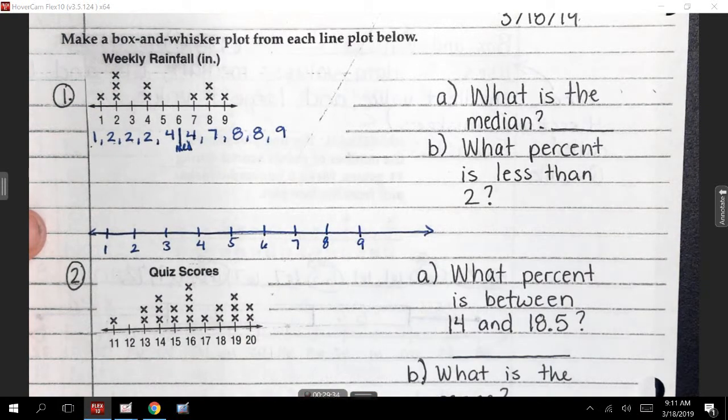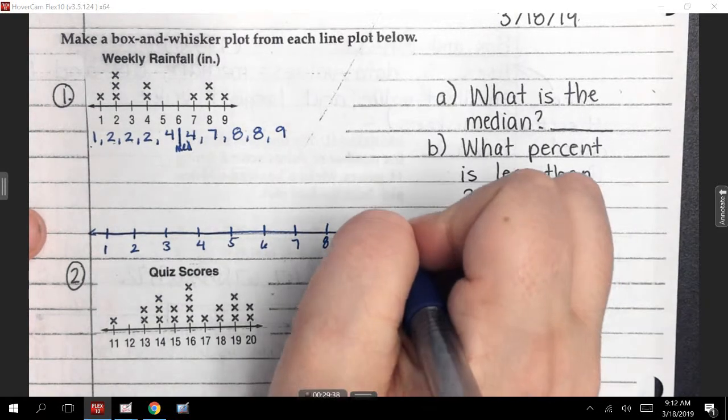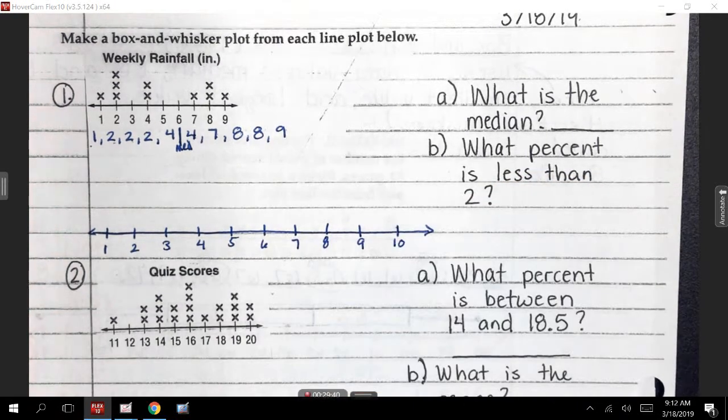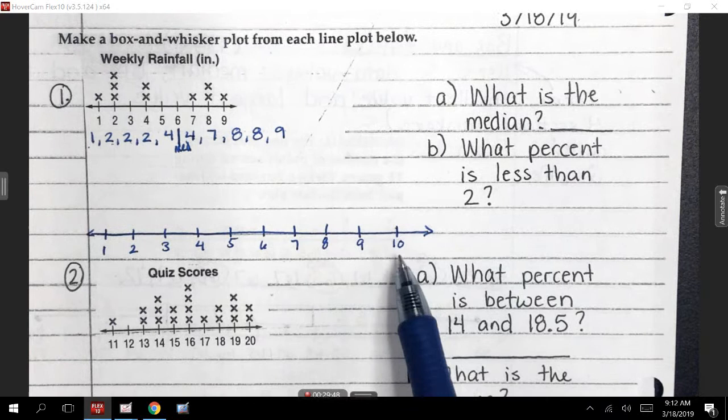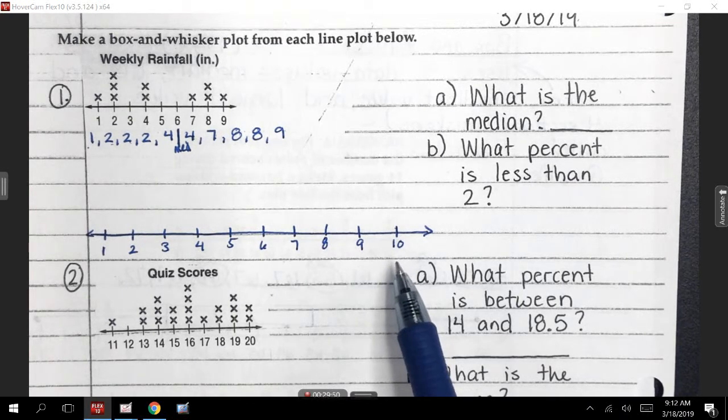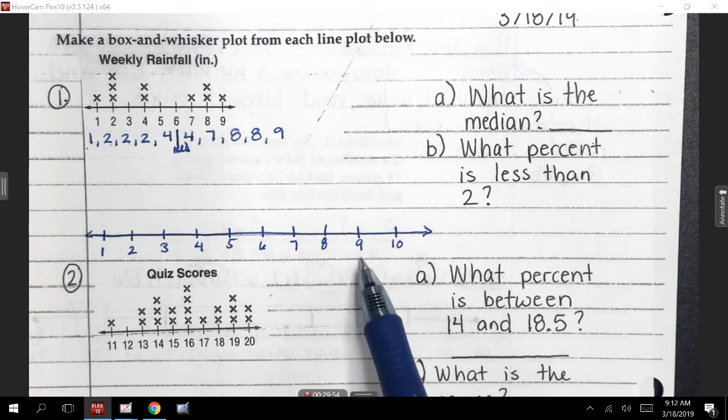I have space. So do I need to fill it in? Yeah, so I've got to put in a number 10 here. If you have space, we've got to fill it in. If you don't have any space, then you can stop. If you run out of room, you need to make your line longer. All right? So does that make sense? I only put the 10 here because I had room for it. Are y'all okay with that?